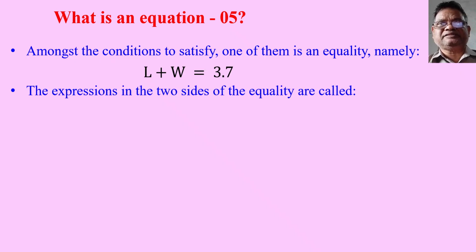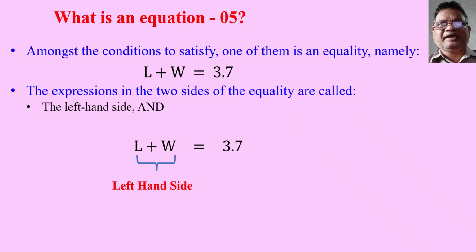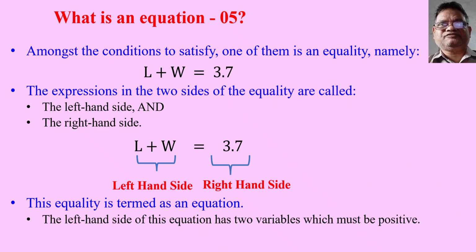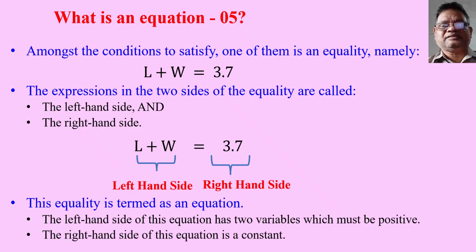The expressions in the two sides of the equality are called the left-hand side and the right-hand side. This equality is termed as an equation. The left-hand side of this equation has two variables which must be positive. The right-hand side of the equation is a constant.